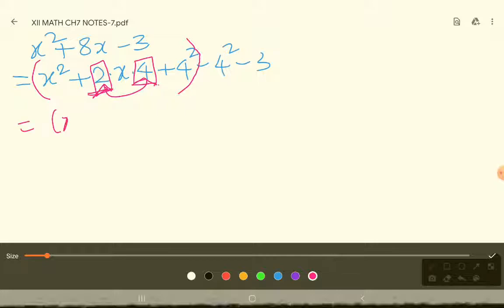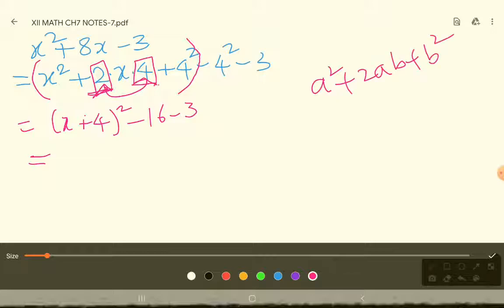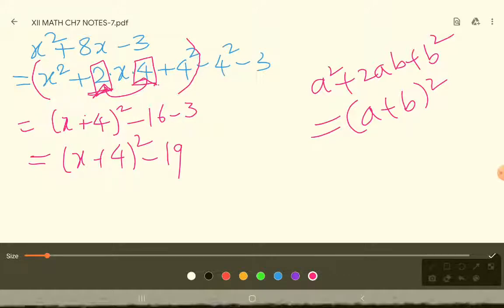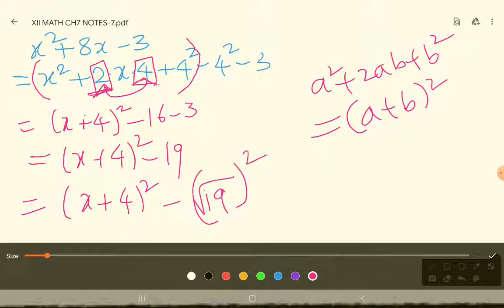Then you get x plus 4 whole square minus 16 minus 3, because the formula a square plus 2ab plus b square was applied as a plus b whole square. So x plus 4 whole square minus 19. You can write this as x plus 4 whole square minus root 19 square. This is the x square minus a square formula.